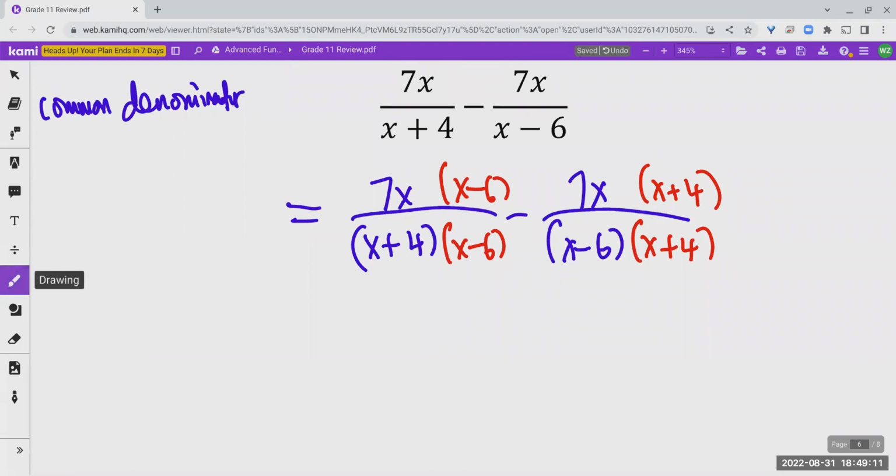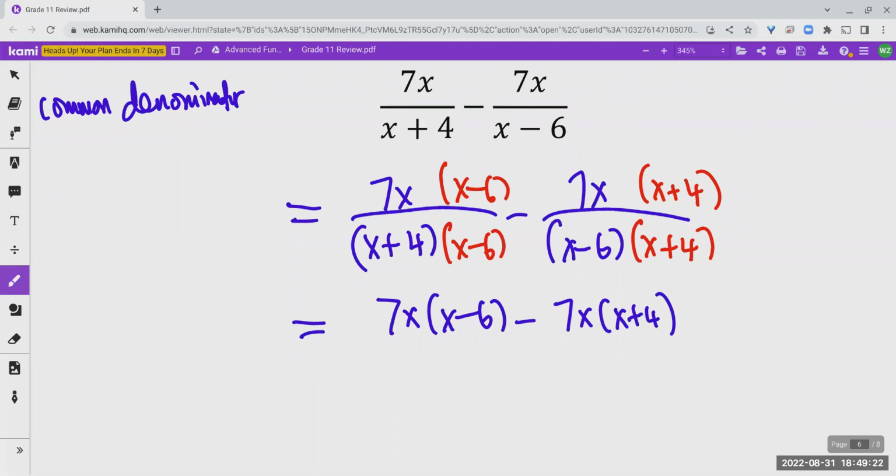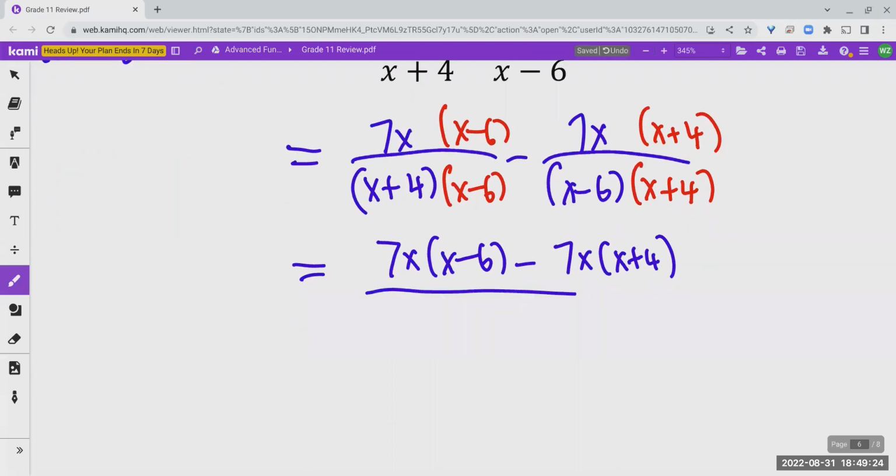Okay, you can now combine them. You have 7x times x minus 6, minus 7x times x plus 4, and the denominator, I just have x plus 4, x minus 6. Okay, does that make sense?